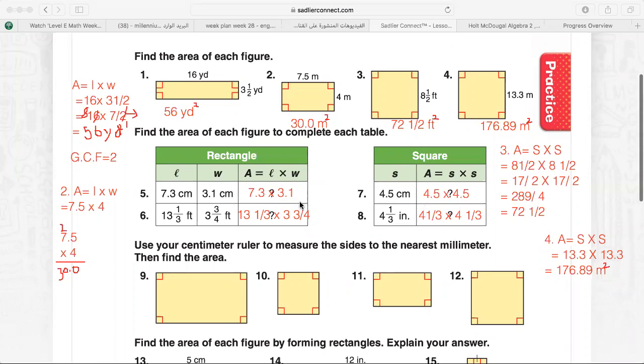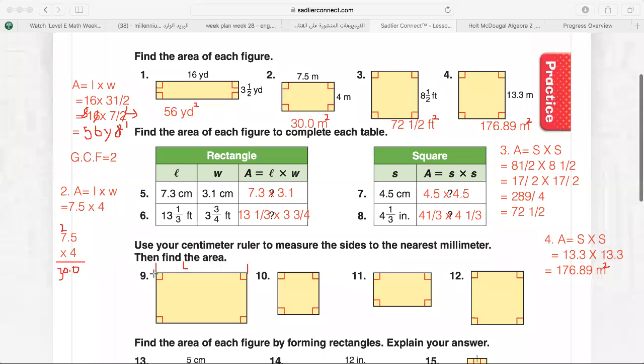You're going to multiply. Here, you're going to change them to mixed numbers. Here, you're going to use your centimeter ruler and measure by yourself. You're going to put your ruler here, from here to here, and find the length.